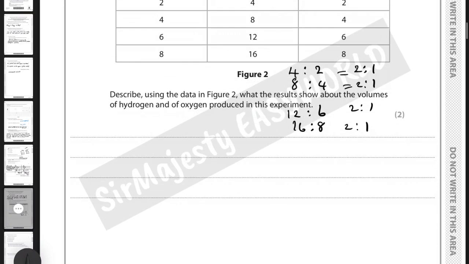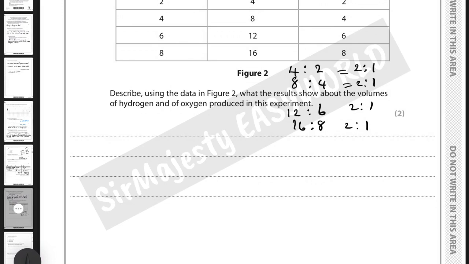So it says, describe using the data in figure 2 what the results show about the volumes of hydrogen and oxygen produced in this experiment.